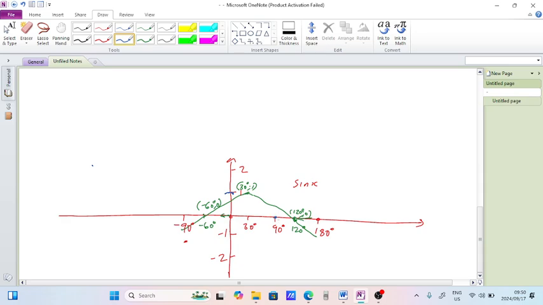From there, it will come to make a turning point at 180, which is negative 1. Then from there, you cut at 0 here. So the original graph of cos will be something like this for this interval.